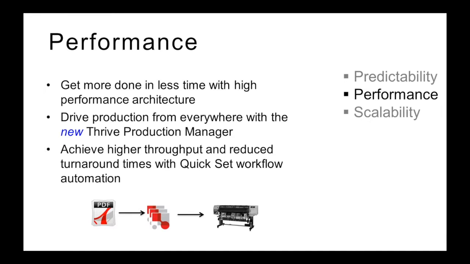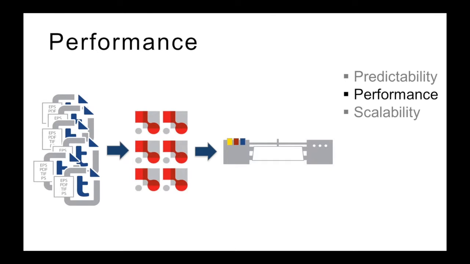Again, with the 64-bit application and our network licensing, the ability to distribute our RIP processing on multiple PCs really allows for amazing performance. We allow scalability through multiple RIP processes, so the ability to process multiple files with multiple RIP processes at any given time for any given printer.